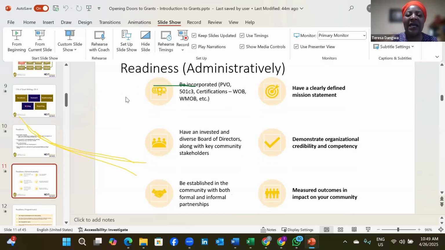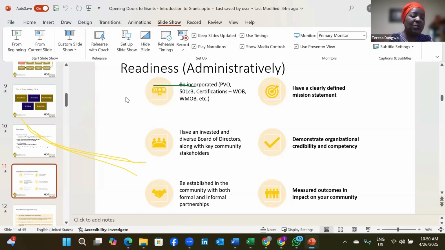So what is administrative readiness? Number one, are you incorporated? 99.99% of grantors are giving grants to organizations that are actually incorporated. Incorporated means that you are registered in your country. You don't have to be registered in the US, but you are registered in your country.